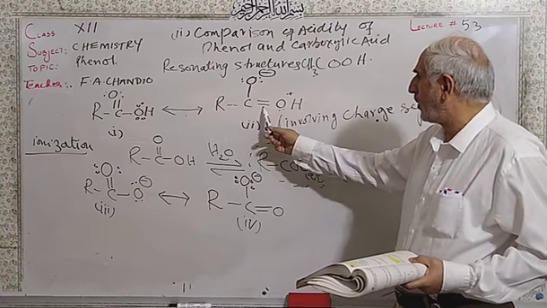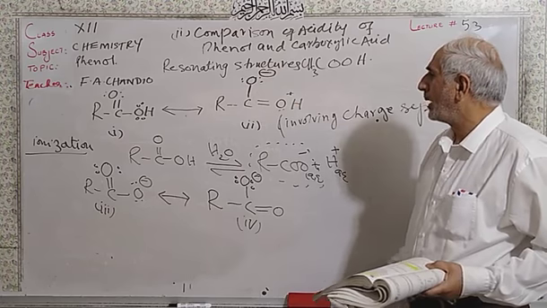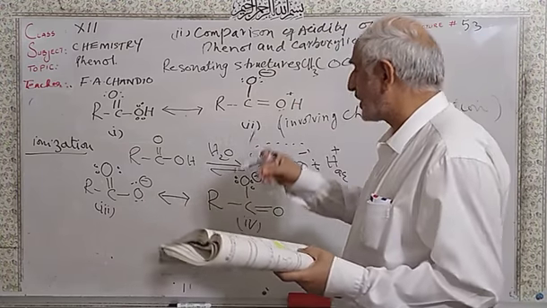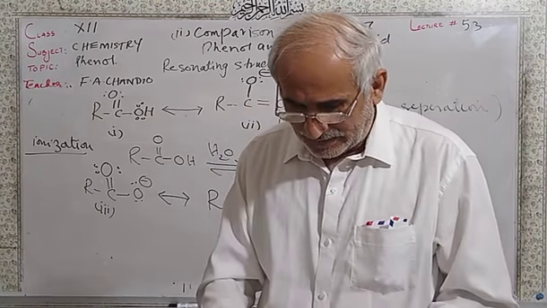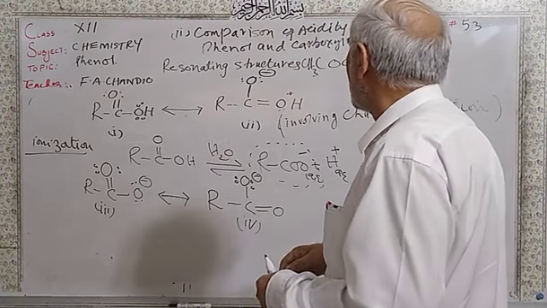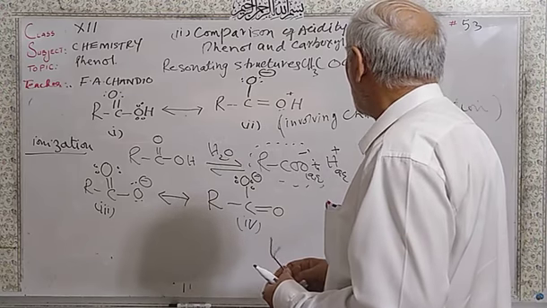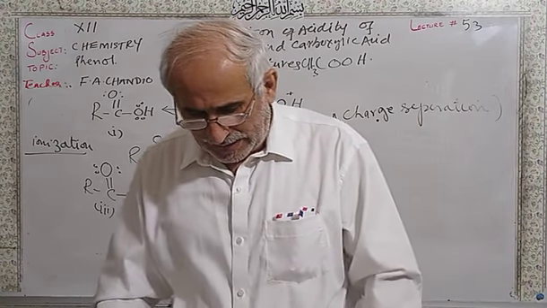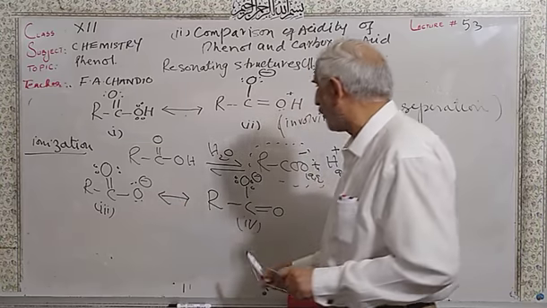When I shift the double bond, charge is involved. So structures 1 and 2 are non-equivalent and hence much less stable than the equivalent resonance structures. These 1 and 2 show instability compared with the equivalent resonance structures 3 and 4.